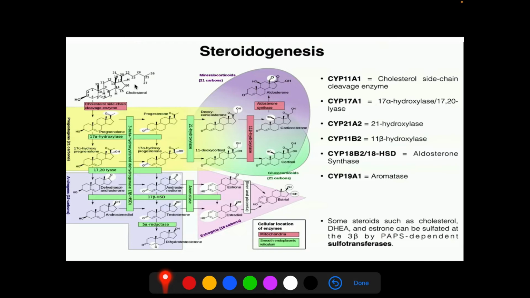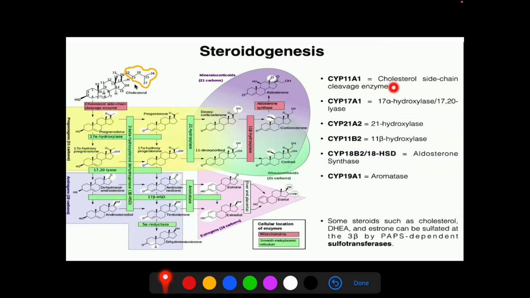So first, the tail of cholesterol. I will refer to it as a tail for the layman's term. The tail of cholesterol begins at carbon 22 through carbon 27. So how many of them? There are 6 of them, right? And as I have mentioned earlier, 6 carbons will be removed from cholesterol by the mitochondrial enzyme, which is a P450 enzyme.